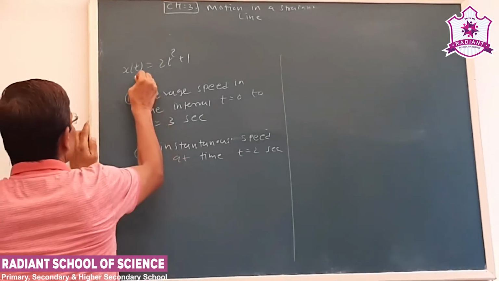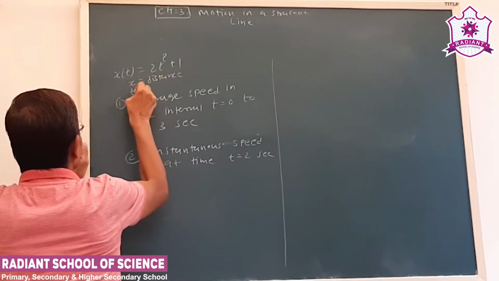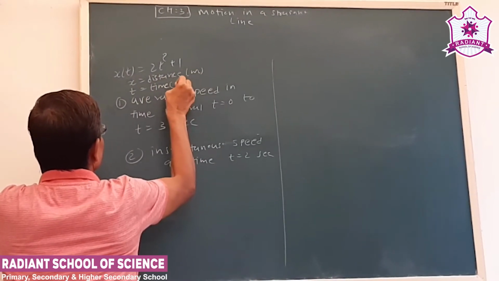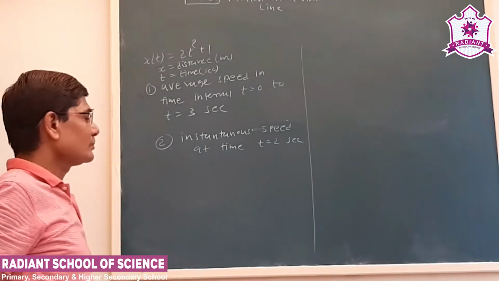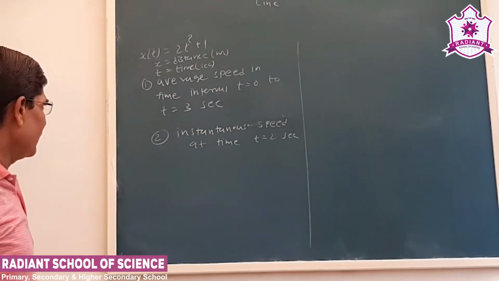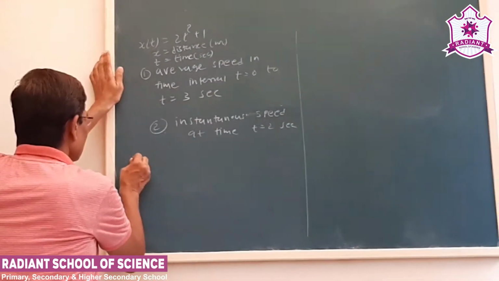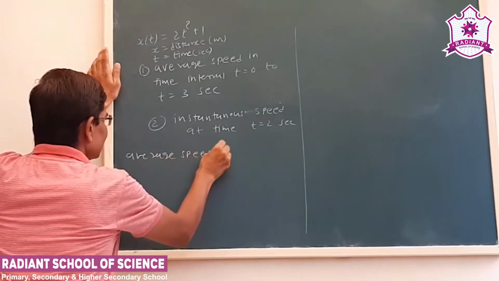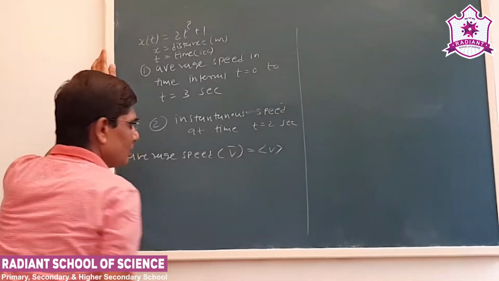Okay, now see here x is the distance and t is time. Distance is in meters. Now see the first part of the question, we have to find out the average speed in the time interval 0 to 3 seconds. Now see the symbol of average speed, v bar, either one has the same meaning.